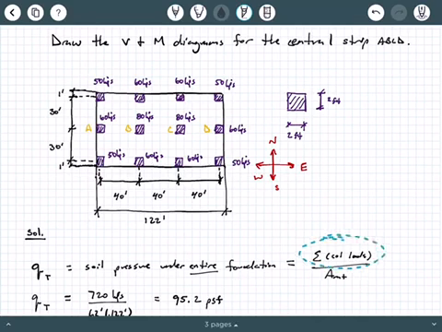You take the sum of all of the column loads divided by the area of the mat. First comment: the sum of all of the column loads is not really the dead load of the building. Instinctively you may say it's just the dead load, but not really. If you're doing structural design here, these column loads should already be factored using LRFD.